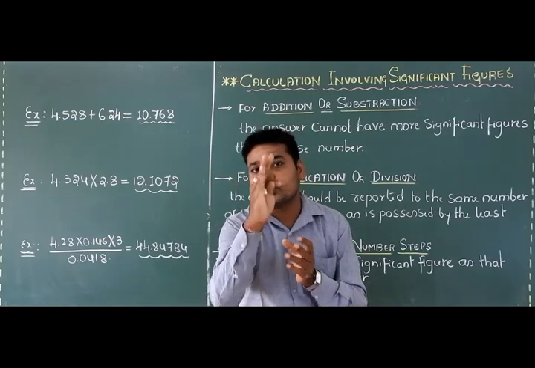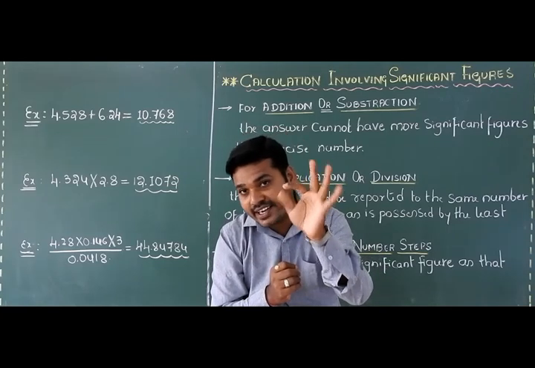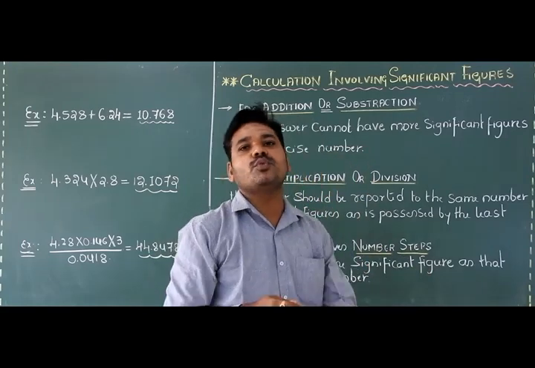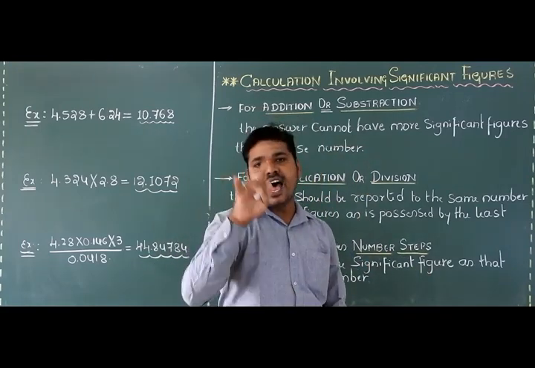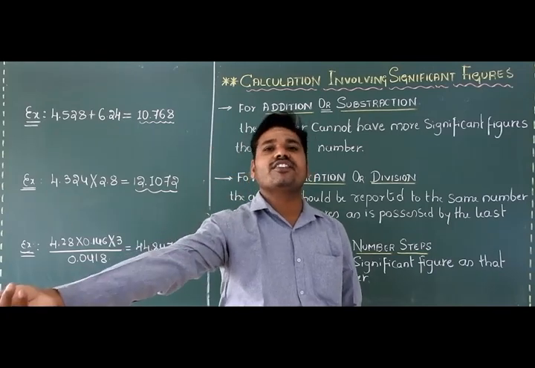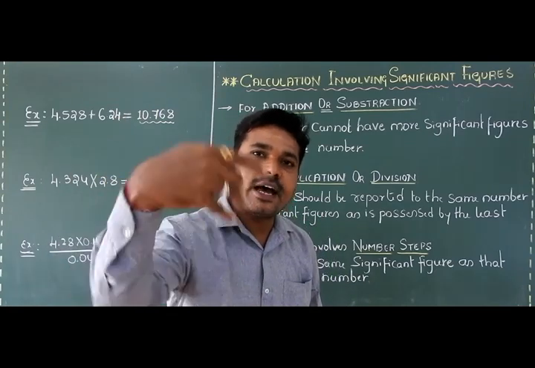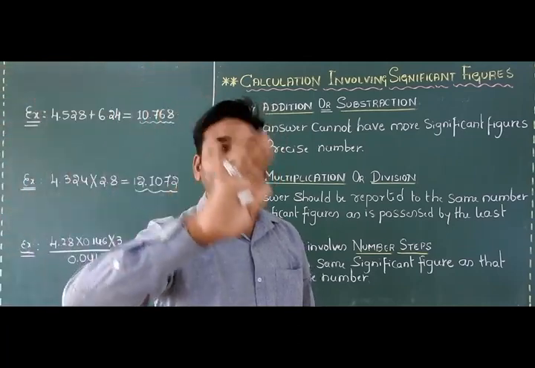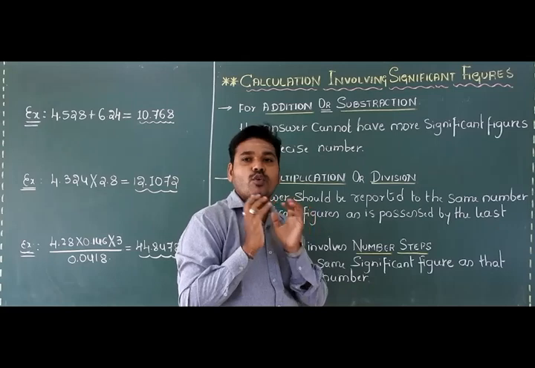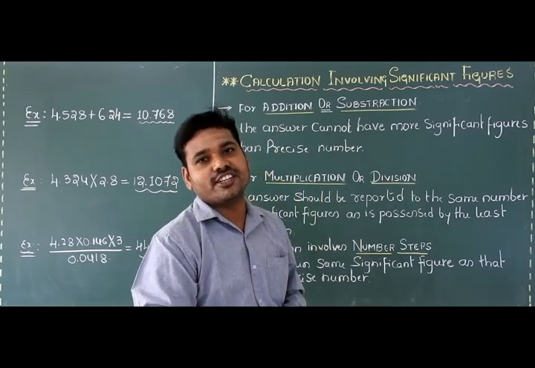Out of those three, the last condition is: if the digit is equal to 5, the last significant figure is left unchanged if it is even, and the last significant figure is increased by 1 if it is odd. Please remember these rules for rounding of a number and the rules for counting significant figures, students.